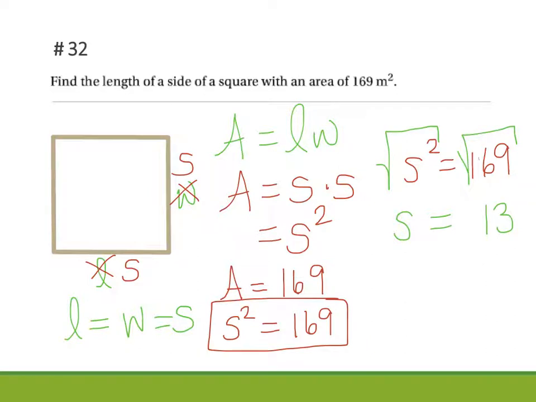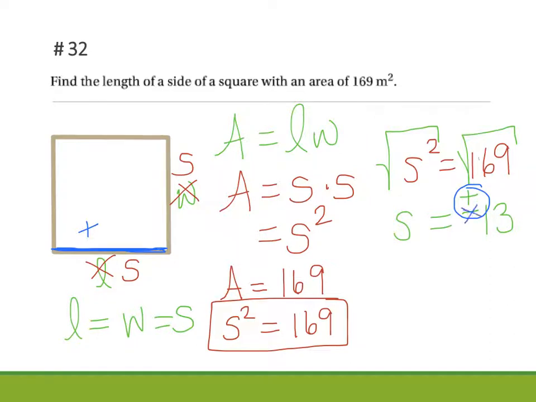Now remember that when we solved these problems in class, we said that the answer would either be a positive 13 or a negative 13, and we used the plus minus sign. However, when you think about this problem and what it means, in the problem we're asked to find the side length of a square. And side length is a distance, it's a measurement, and measurement is always positive. So since measurement is always positive, we're only going to consider the positive.